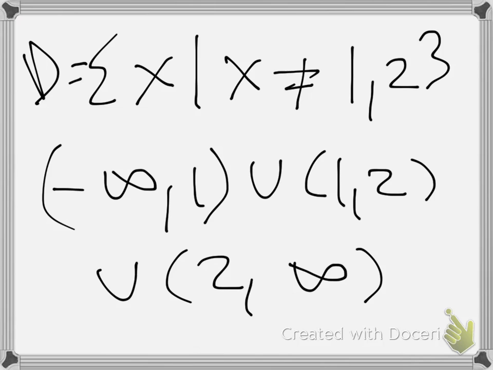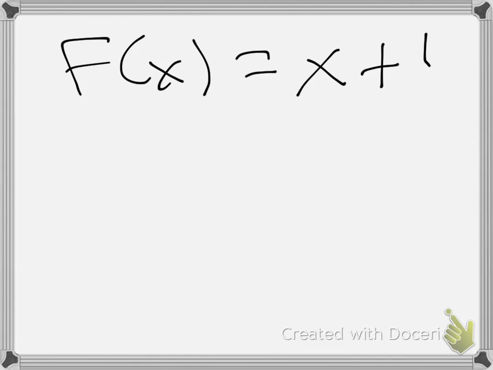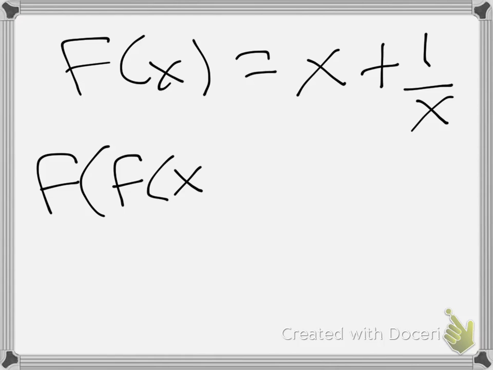So now the next part is f composed with f. Again, f of x here is x plus 1 over x. And so this is a little tricky. f composed with f just means I write f of x, and anytime that I previously saw x, I write that entire expression instead.